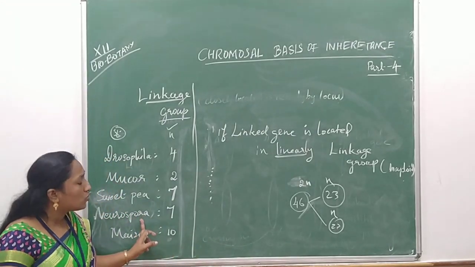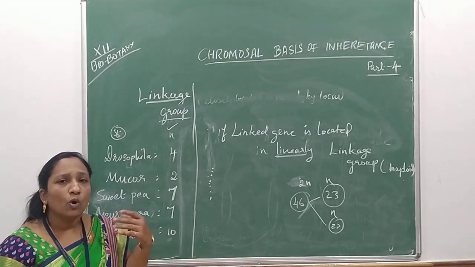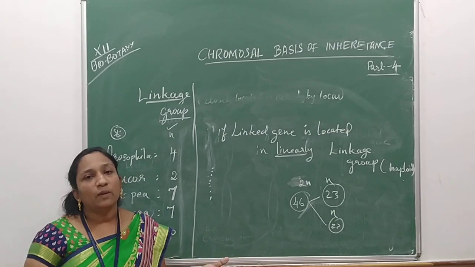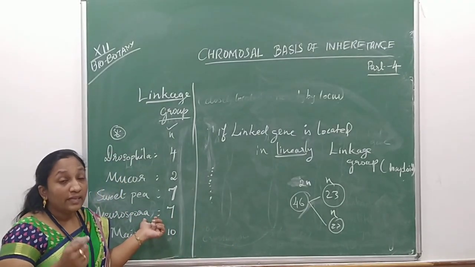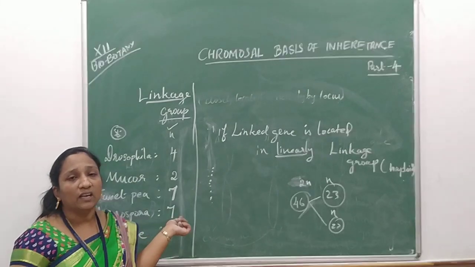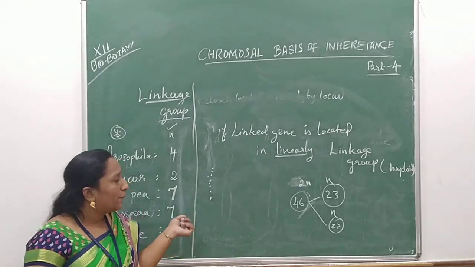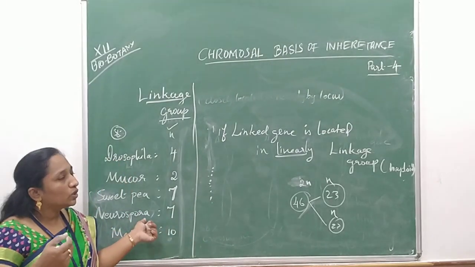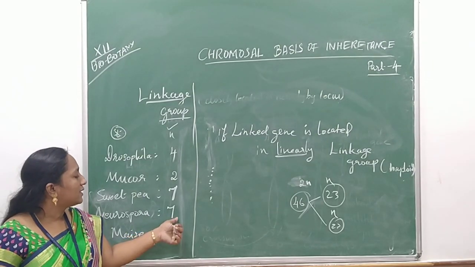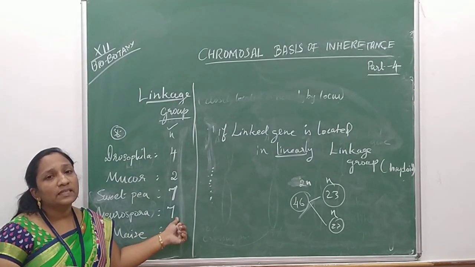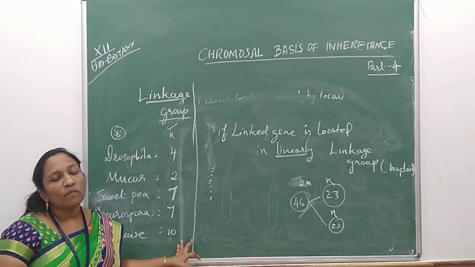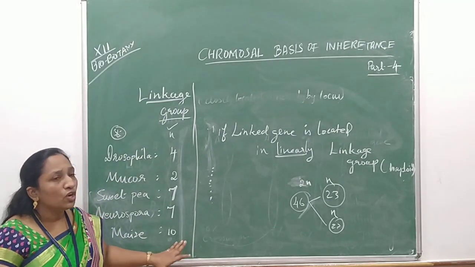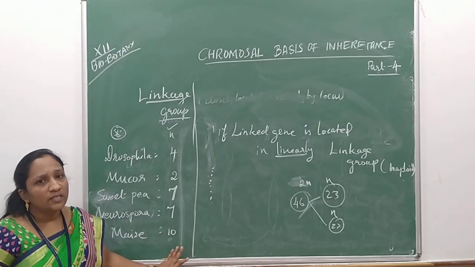Before Neurospora was identified, almost all research was done with E. coli, but after its discovery, Neurospora is also used for genetic research. It has 7 chromosomes as a linkage group, and maize has 10 chromosomes as the linkage group. Is it clear, children?